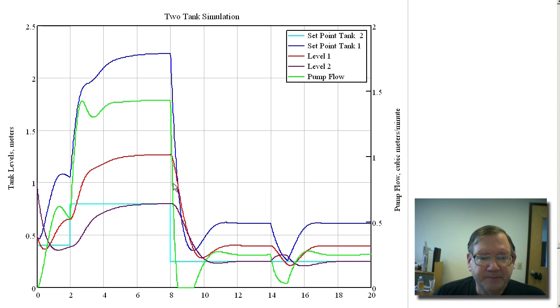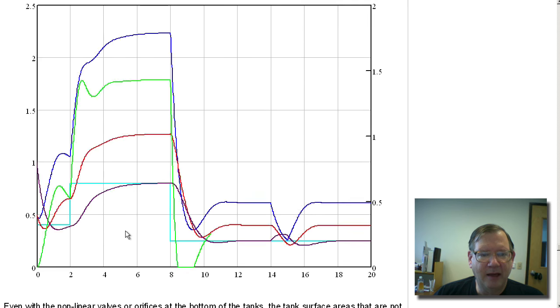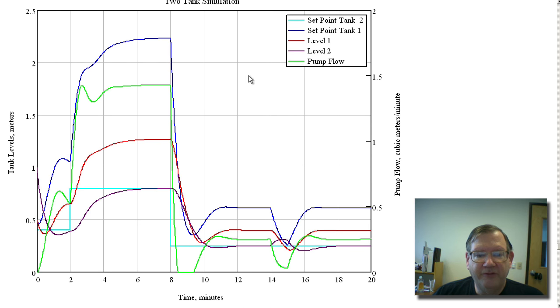But notice there is a huge error in the difference between the set point on tank 1, which is this blue, and the level for tank 1, which is the red. Huge error.